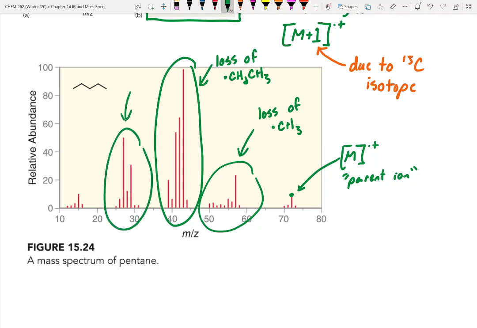What is this one going to be? Loss of 3 carbons. And then over here, this will be loss of 4 carbons.